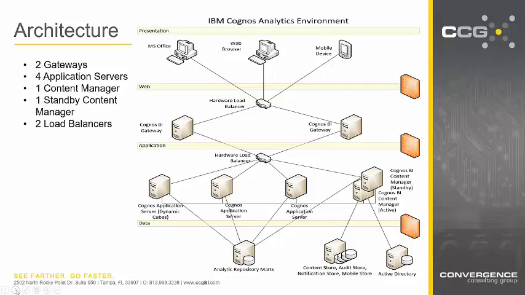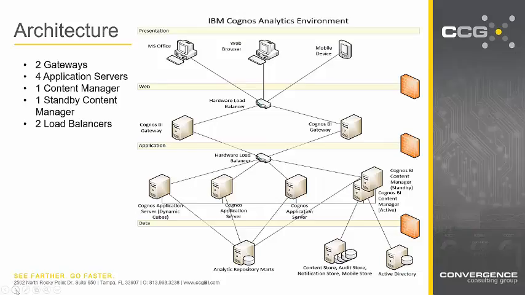For anyone that isn't new to Cognos, this should look familiar because the architecture is still the same as far as having a web tier, an application tier, the data tier, and so on. Because this was a larger environment, we had 2 gateways, we had 4 application servers, and so on. We have a load balancer that's necessary for the gateways because we've got more than one.